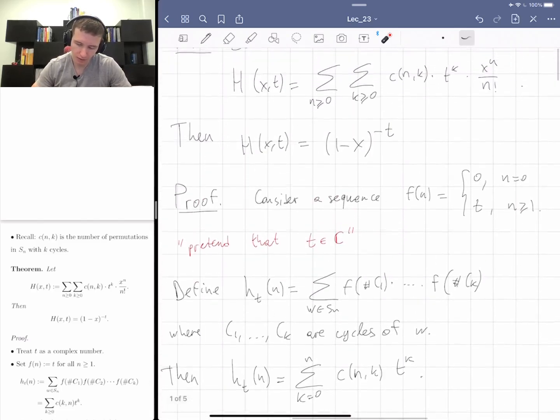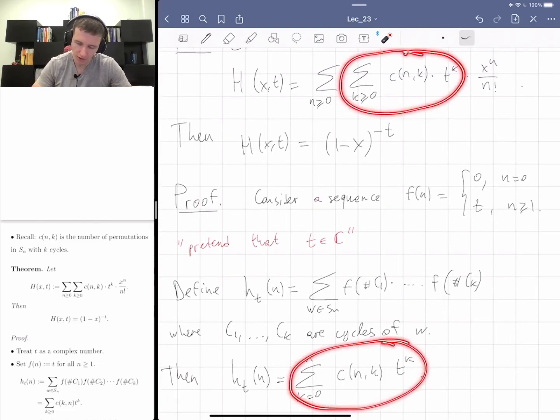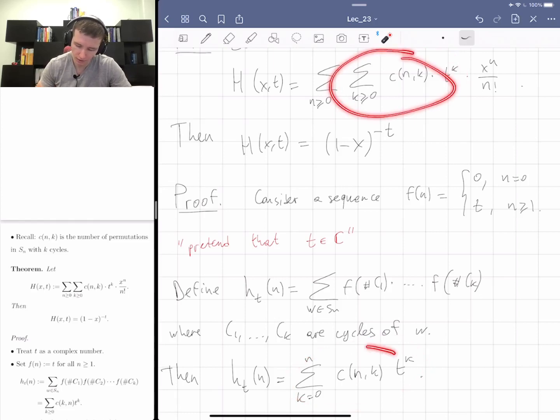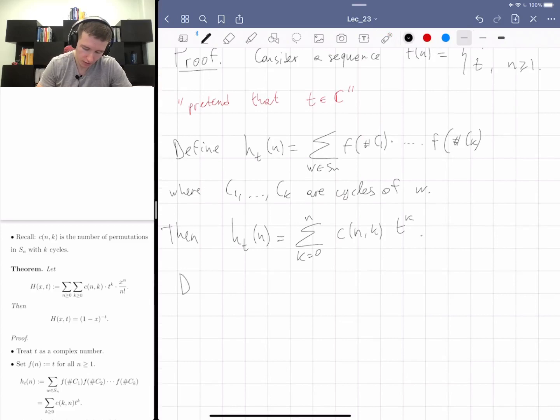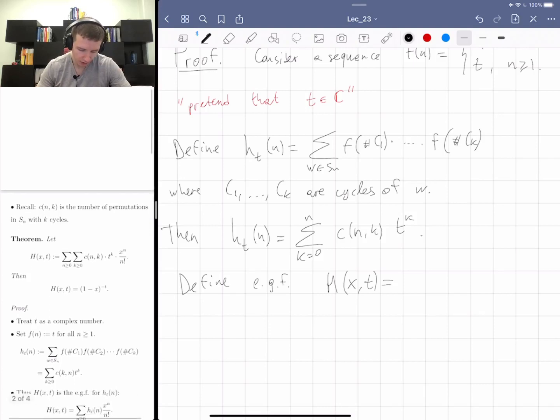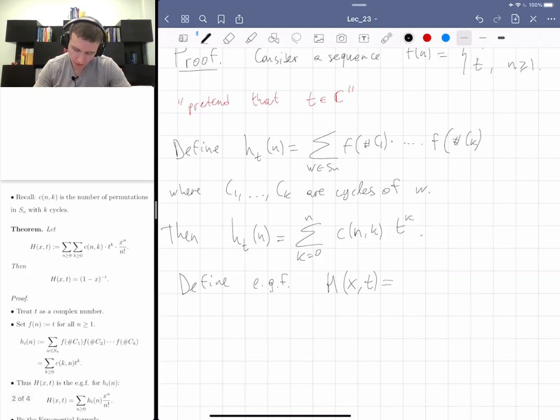So if you look at this formula here, this is a very nice part, which already appears in that formula. So let us define, as usual, the exponential generating function h(x,t). I want to write it down explicitly because the tricky part here is that it depends on t. So h(x,t) is the sum over n greater than or equal to 0 of h_t(n) times x to the n over n factorial.